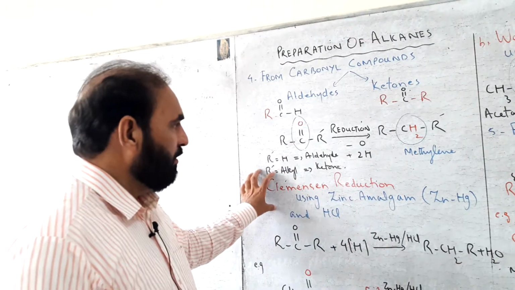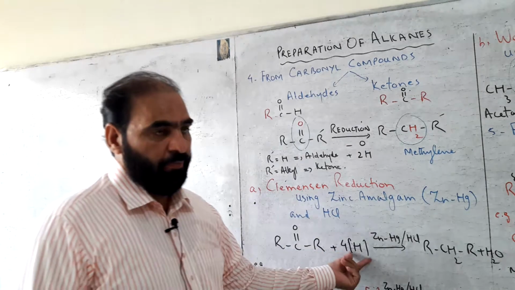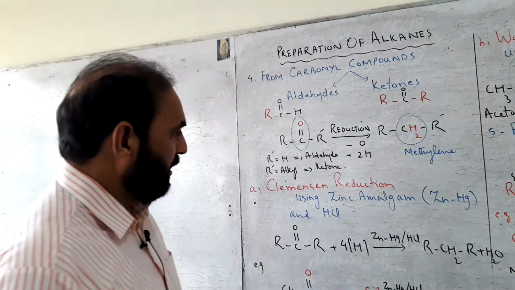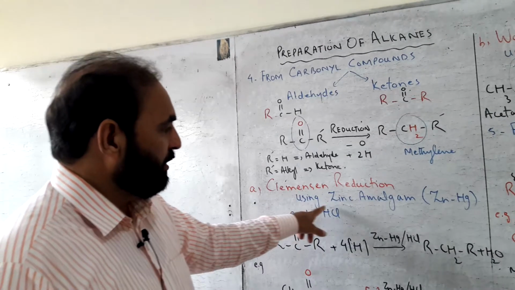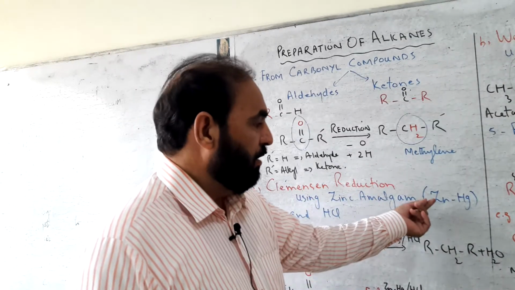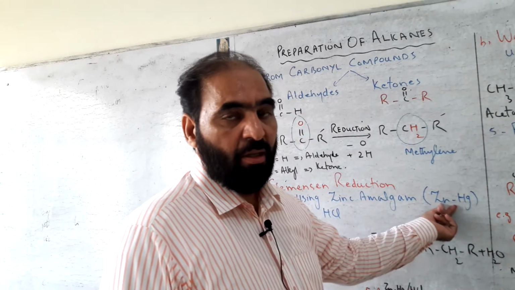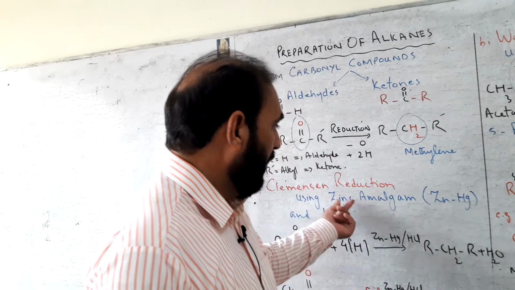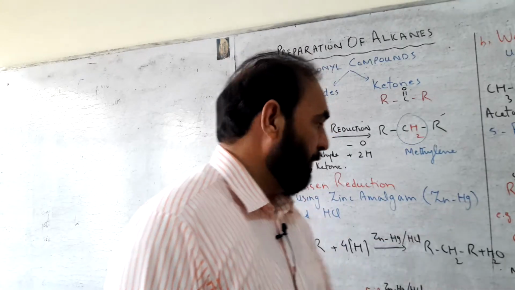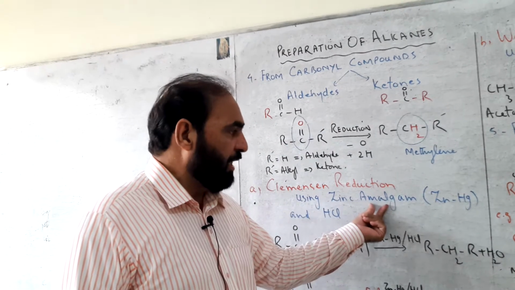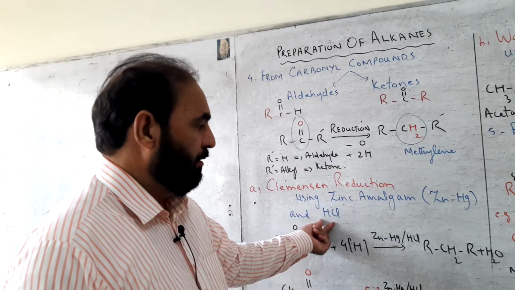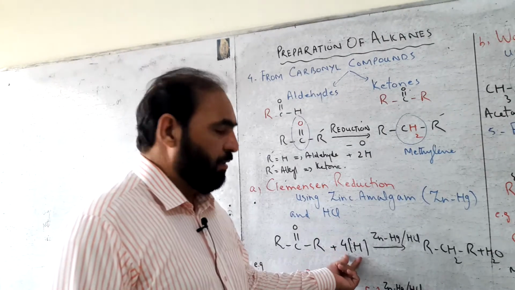In this method, the nascent, atomic hydrogen required for reduction is produced by using a zinc amalgam, which is a mixture of zinc and mercury. This mixture of zinc and mercury is reacted with HCl, due to which atomic hydrogen is produced.